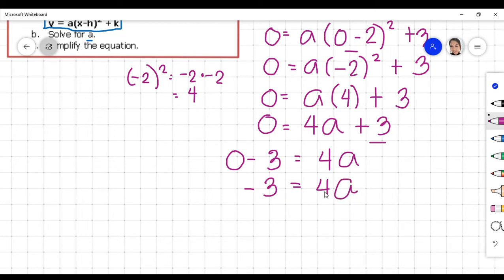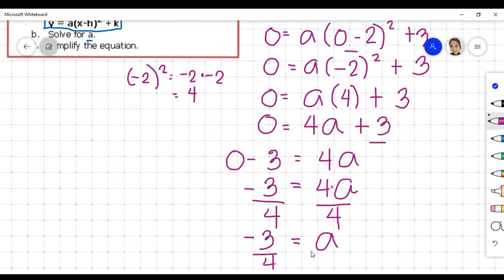Okay, so since meron tayong 4 na coefficient ng a, that is multiplication, para ma-cancel natin yan, we have to divide 4. So divide also 4 kasi dapat balance because we are observing equality. So equals 4 divided by 4, that is 1a or just a. And then, yung a natin is negative 3 over 4.